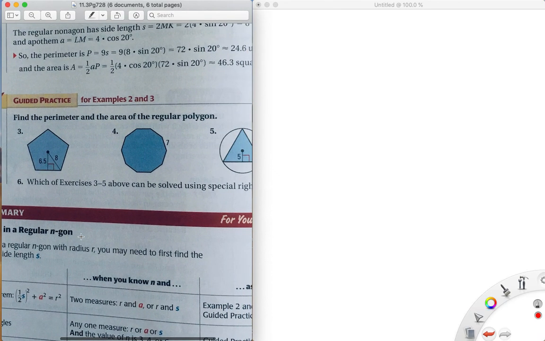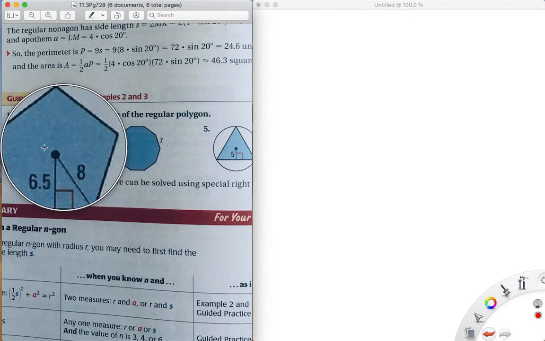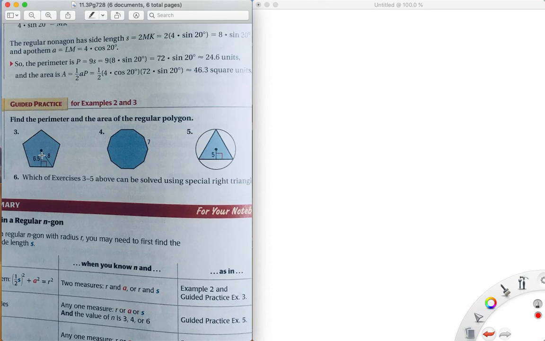So for number 3, they give me this pentagon, and the pentagon has 5 sides.